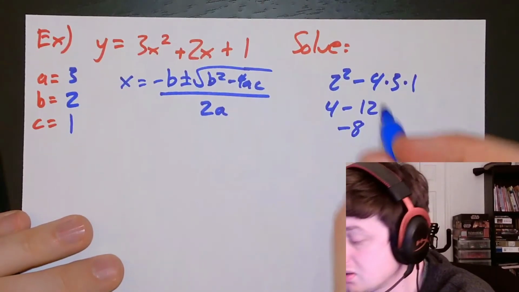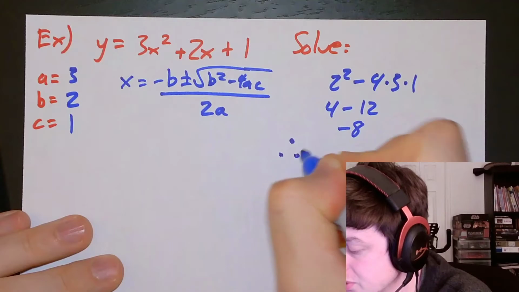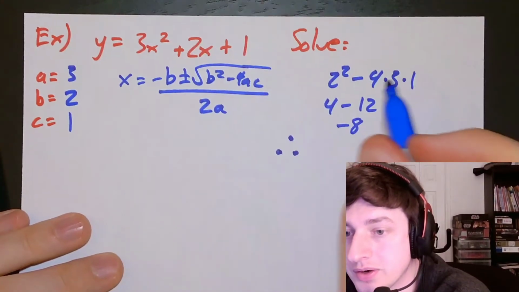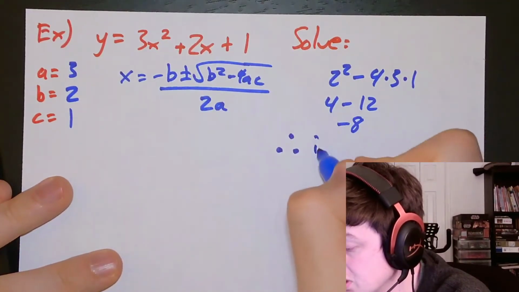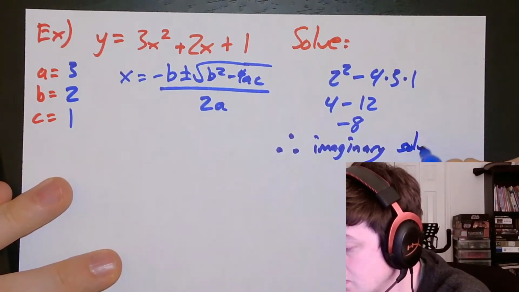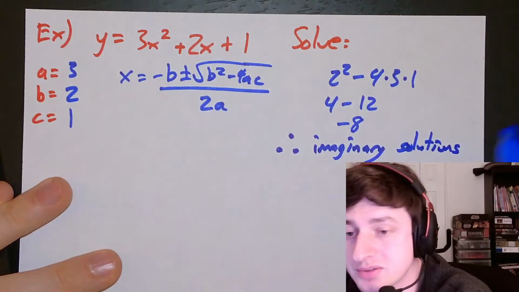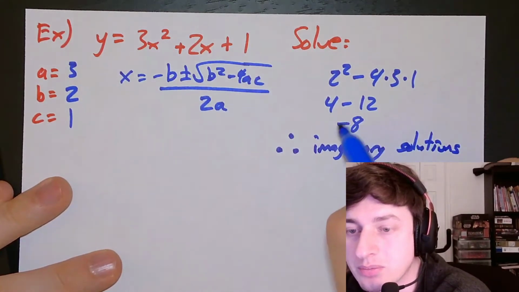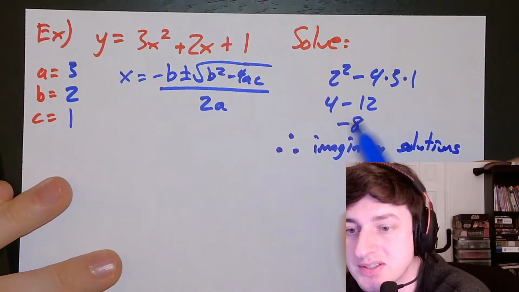Which means, therefore, these 3 dots mean therefore, we're going to have imaginary solutions because this number is negative. The discriminant is negative.